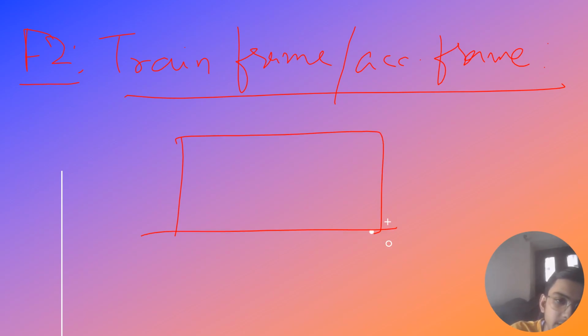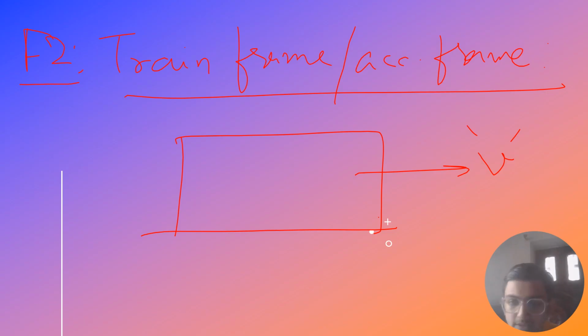Now we will discuss the accelerated frame. So our frame number 2, you say the train frame, or the accelerated frame. Suppose this is a train frame. It is moving with some velocity v, or it is accelerating with some acceleration a.